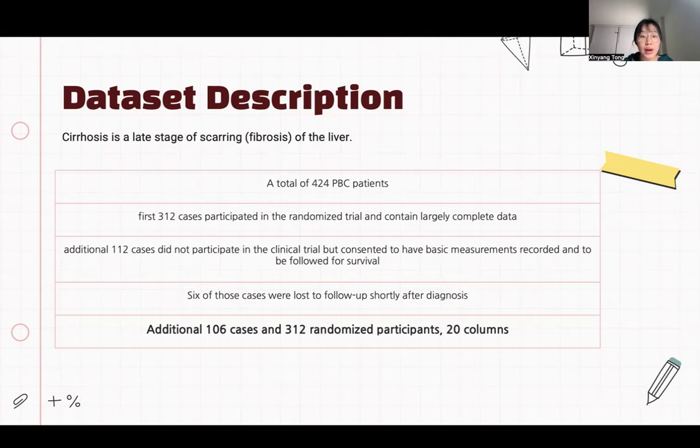However, they also have complete records. However, 6 out of the 112 were lost. So in total, we have an additional 106 cases and 312 randomized participants. And this dataset has 20 columns.